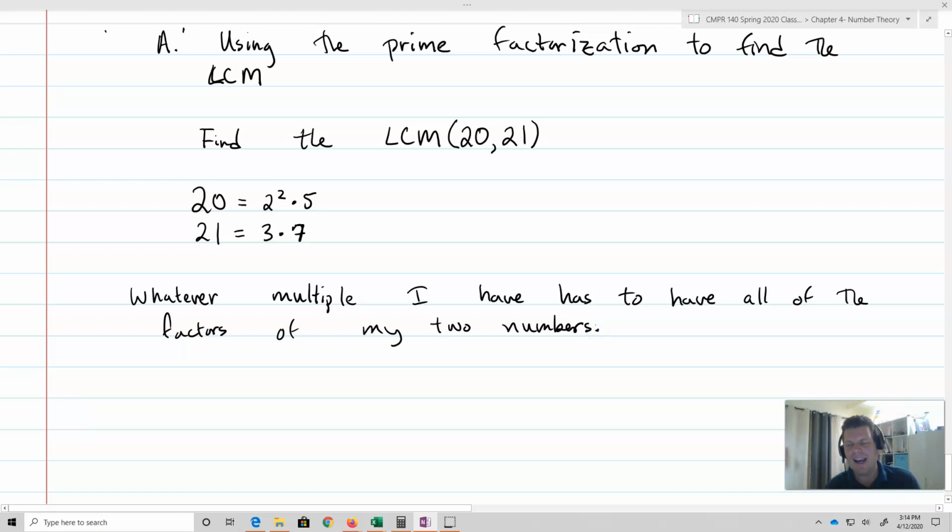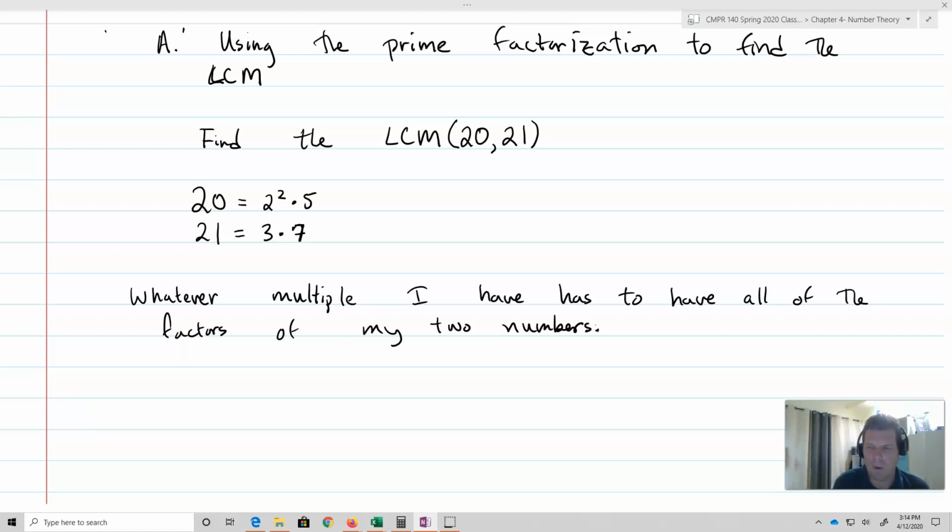And the reason why is that if it is missing one of the factors, then my number isn't going to go evenly into it. The only way we can have something be a multiple of one of my values is if it actually shares all of the factors.